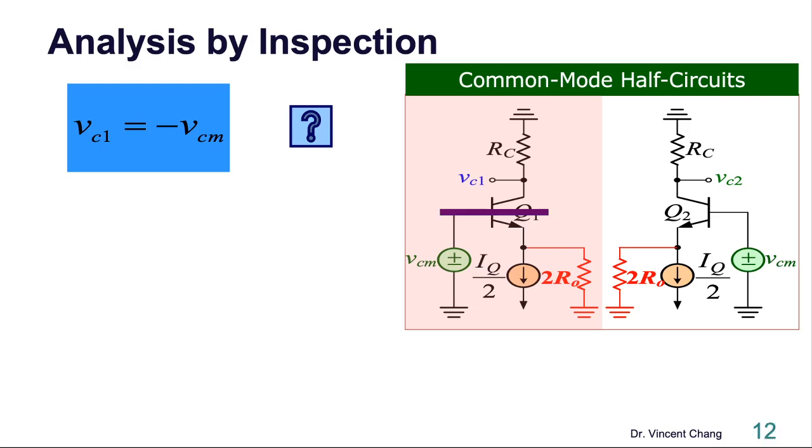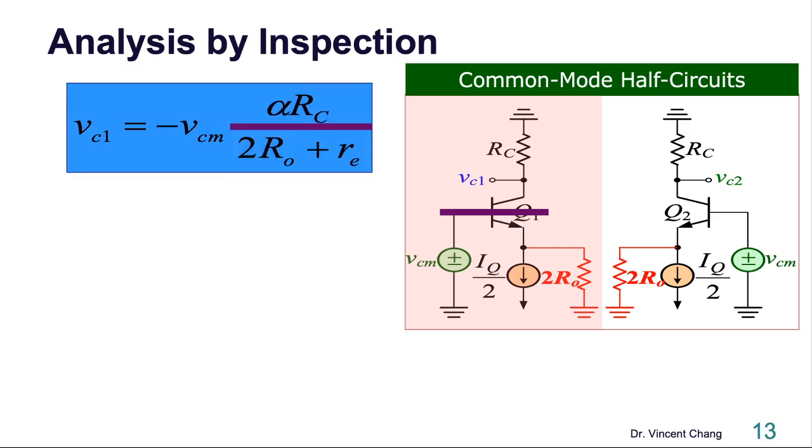And then what? Alpha is 0.99. It's negligible. What's on the top? RC, the total collector resistance, in the numerator. What's on the bottom?